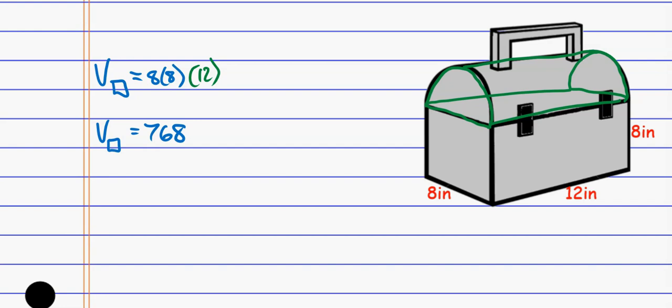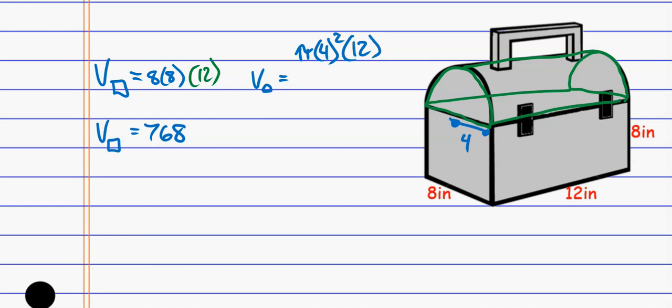Okay, and so if I look at the volume of that top piece once again, it's that cylinder. So the volume of the cylinder itself, remember, is pi r squared times h. The radius of this thing is going to be 4 this time. It's halfway across here. Okay, so instead of the 8, it's a 4. So pi r squared times h, the height of this thing is 12.